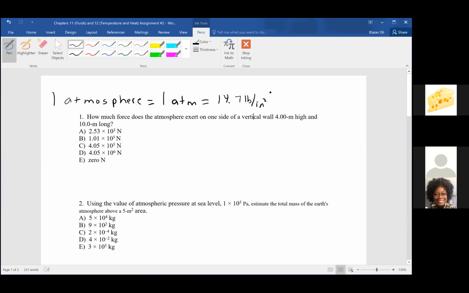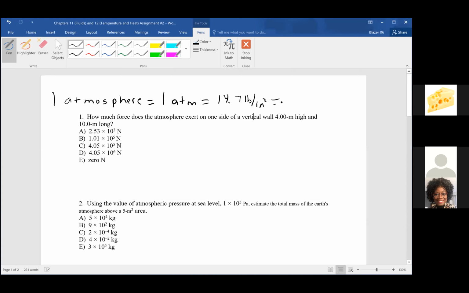What does that mean? In our atmosphere, the average weight of the air that sits on 1 square inch is 14.7 pounds. So that means that in our atmosphere, where we are here on this earth, we have an average value that we use that says that 14.7 pounds of air sits on every square inch.